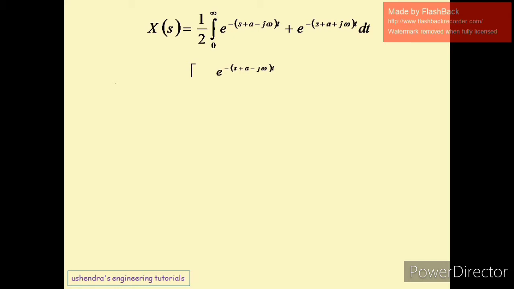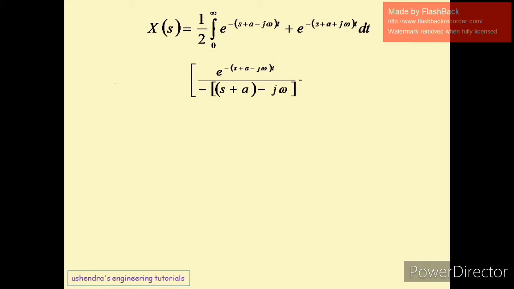So the first term, once again, is similar to the integral of e raised to ax dx. Now in this case, this equation is integrated with respect to t, so this will be the constant. So integrating this, this will appear as it is in the numerator, and in the denominator will be this constant term, because integration is with respect to t.